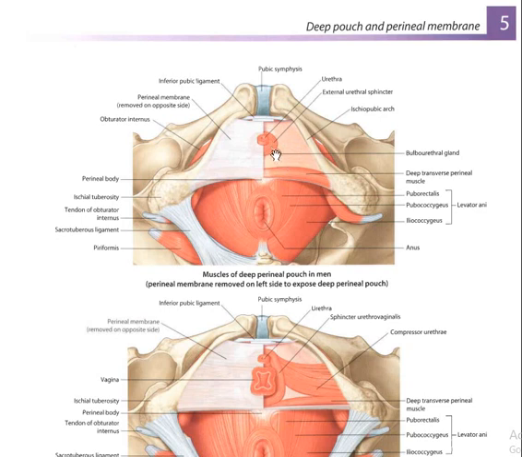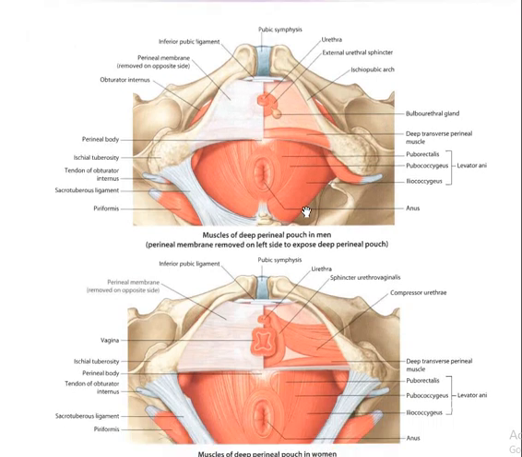Inside the deep perineal pouch in males, you have the external urethral sphincter, the urethra, the bulbourethral gland, and the deep transverse perineal muscle. So this is what you have deeply. When you enclose it with the perineal membrane, you are closing the deeper portion of the perineal pouch.